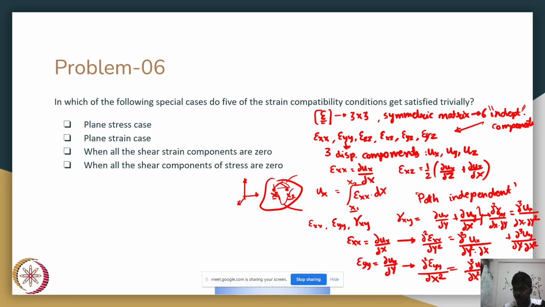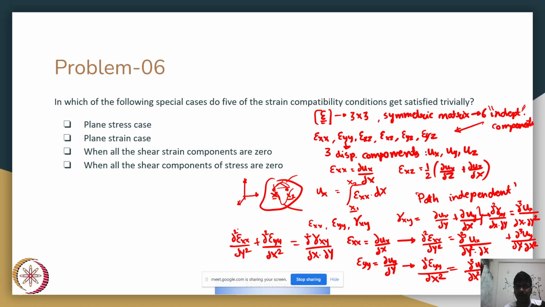As you can see, since ux and uy have independent components of x and y, the order of these derivatives can be interchanged, and therefore dou square epsilon xx by dou y square plus dou square epsilon yy by dou x square has to always equal dou square gamma xy by dou x dou y.